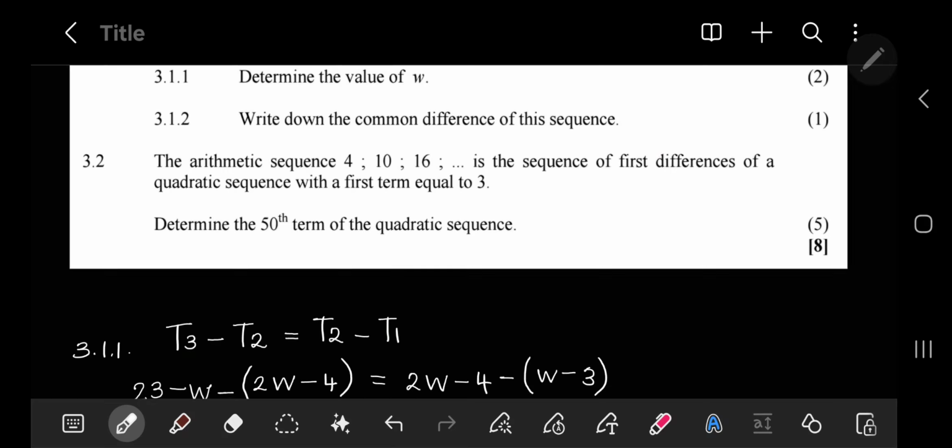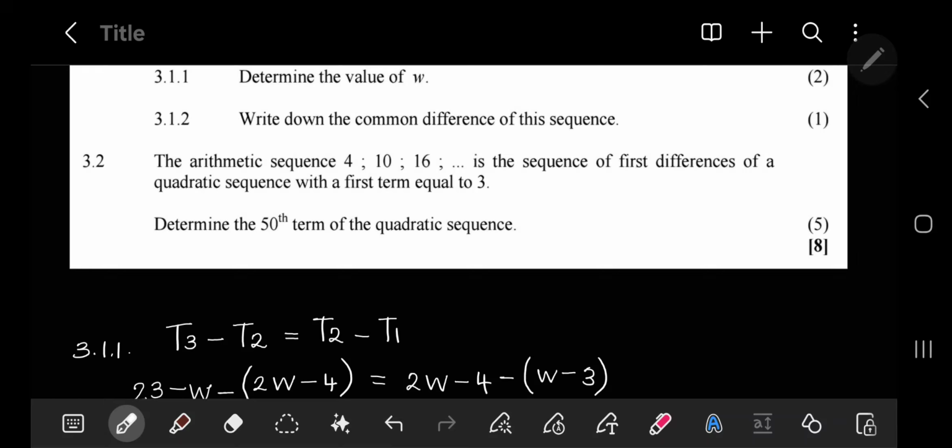So what they're saying to us is that this arithmetic pattern 4, 10, 16, these values, these terms, forms the first difference of the quadratic. And with regards to the quadratic, we are given term 1. So term 1 is equal to 3. Now the question itself says, determine the 50th term of the quadratic sequence.